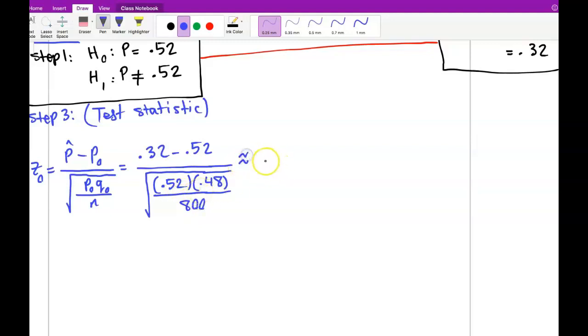Okay, rounding this, we have negative 11.32.